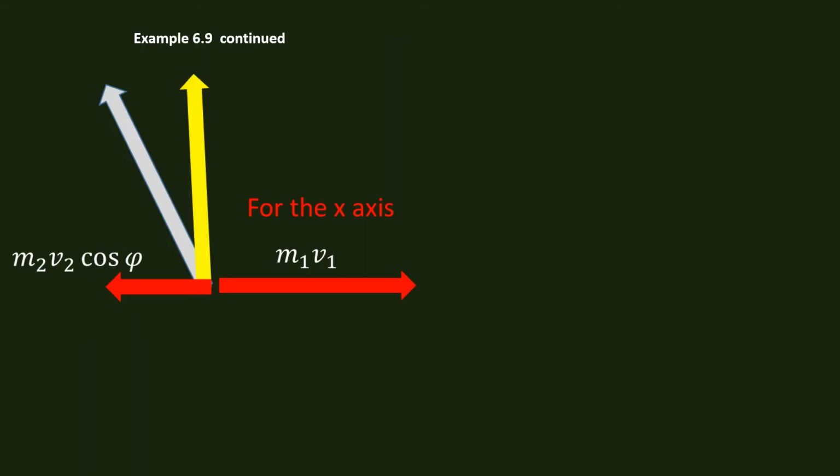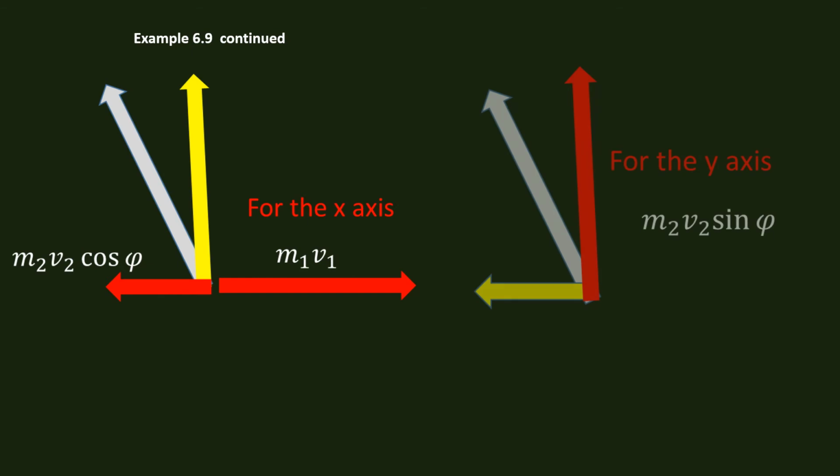So let's look at what's happening for the x-axis. We have m1, v1, the momentum contributing from mass 1 in this direction, and then we have the momentum contributing to the x in the opposite direction. So we'll have this vector minus this vector.